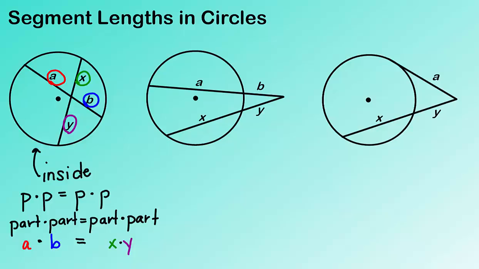When the intersection is outside the circle, I use ow, ow, which is outside times whole equals outside times whole.